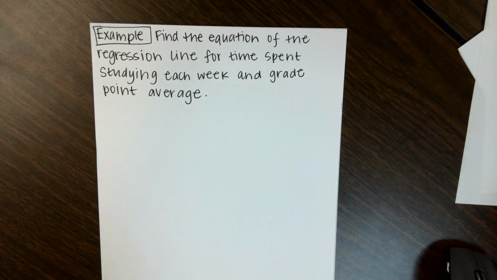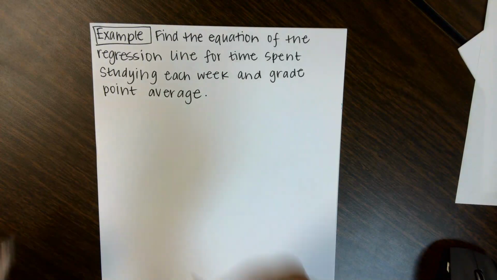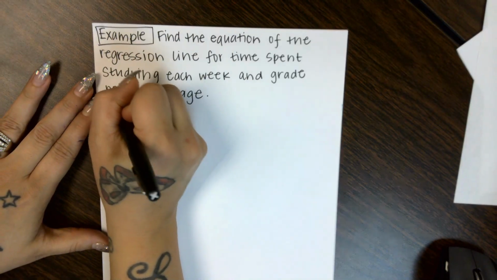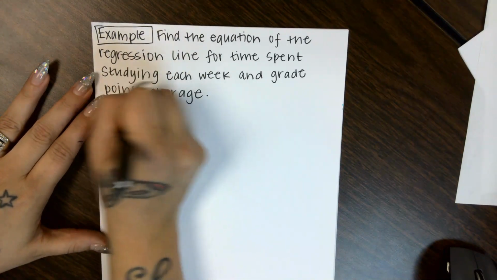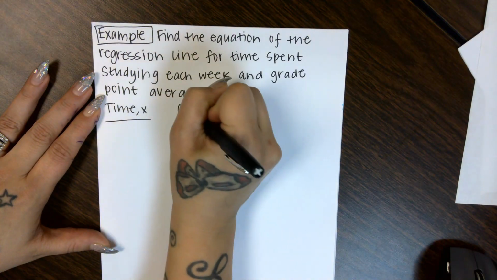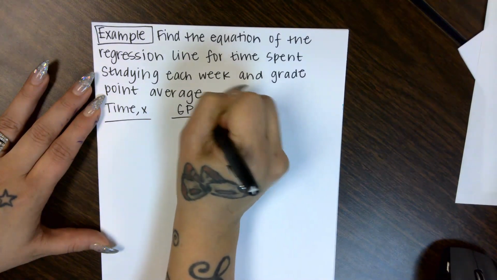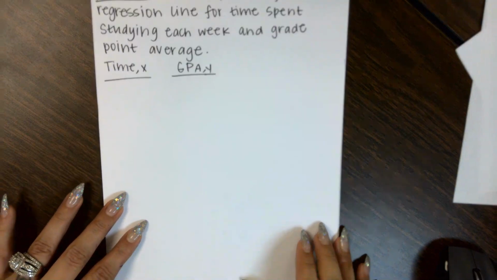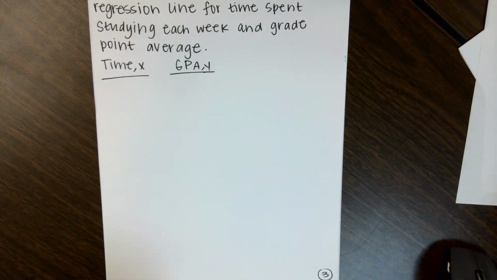Okay, so say we have time is our X and GPA is our Y. And then I have 1, 2, 3, 4, 5, 6. I have 6 different data points.